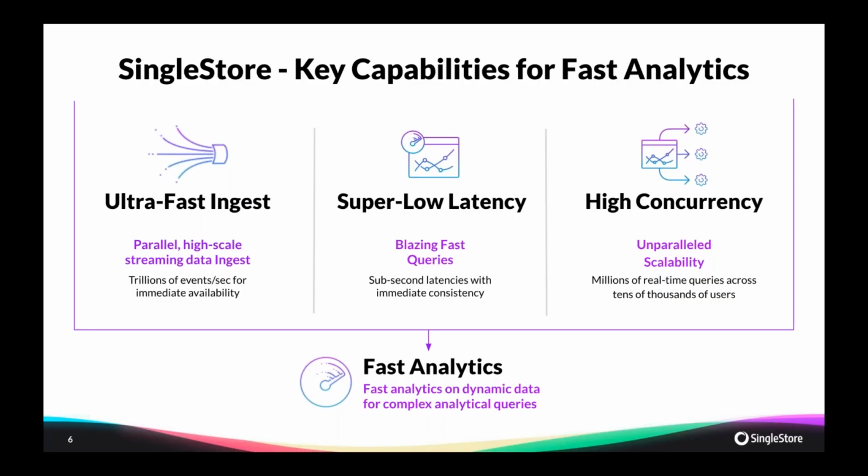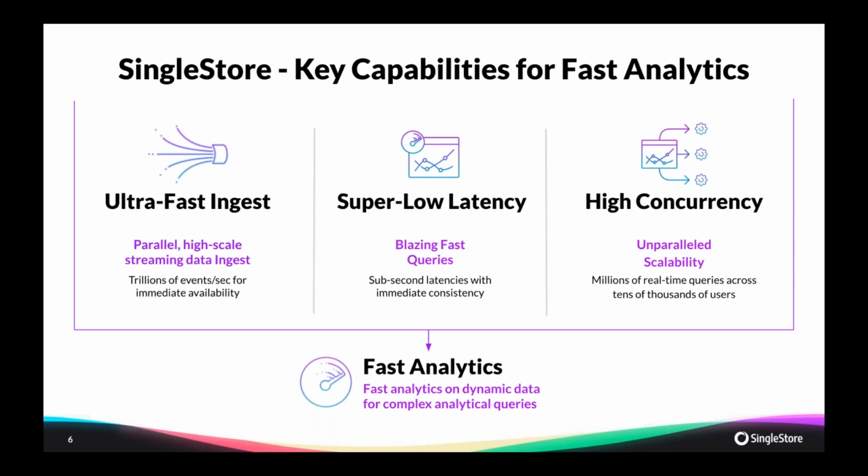That's SingleStore's sweet spot. SingleStore sits at the crossroads of ultra-fast ingest, super low latency, high concurrency, and ultimately fast analytics. This is why companies such as Uber, Dell, Verizon Wireless, and others support our database to help scale their efforts in the marketplace.